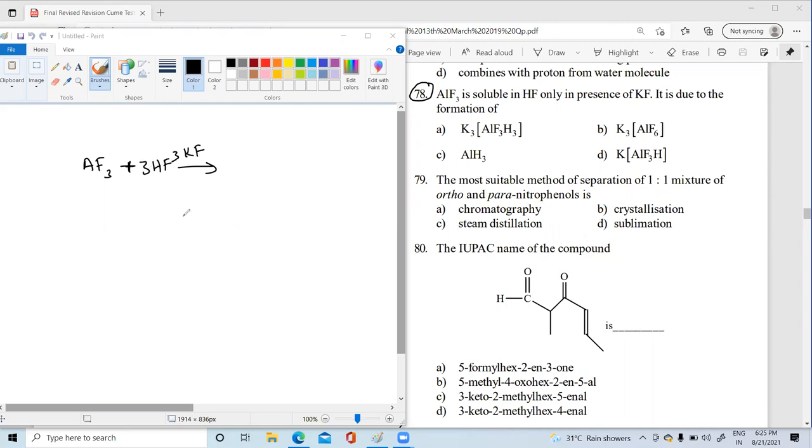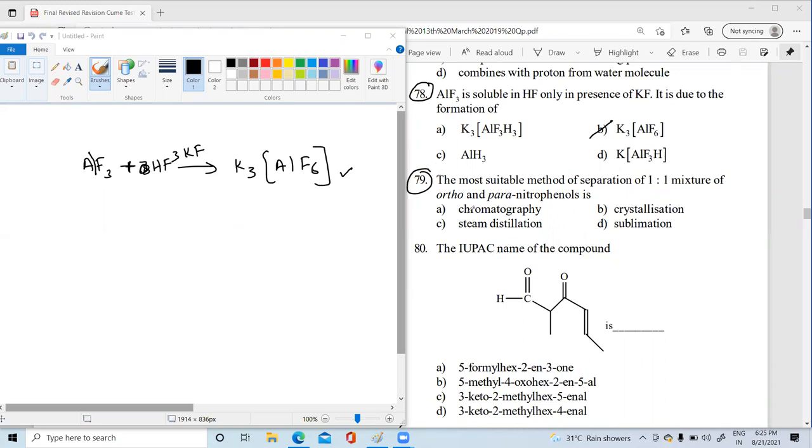Only in the presence of KF will it react. So it forms K3AlF6, sorry, this is aluminum, the AlF6 complex is formed. Due to this complex formation, it becomes soluble, students. The answer should be K3AlF6. Option B is the correct one.